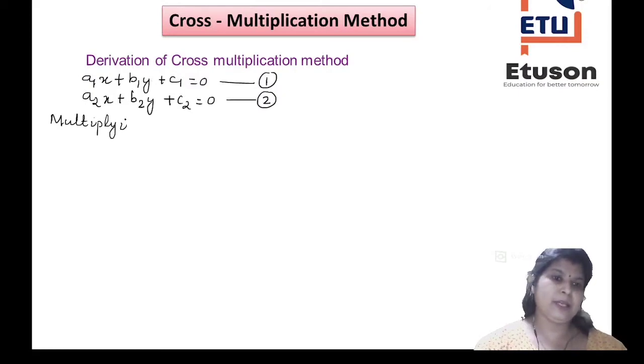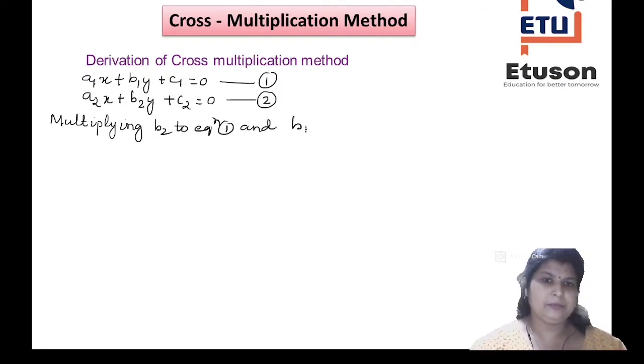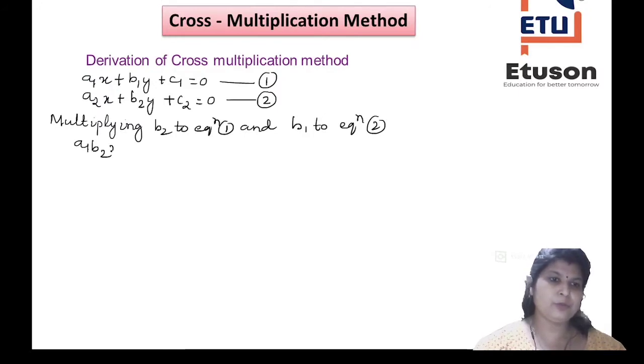So multiplying b2 to equation 1 and b1 to equation 2, we get what? We are multiplying b2, so a1 b2 x plus b1 b2 y plus b2 c1 is equal to 0.